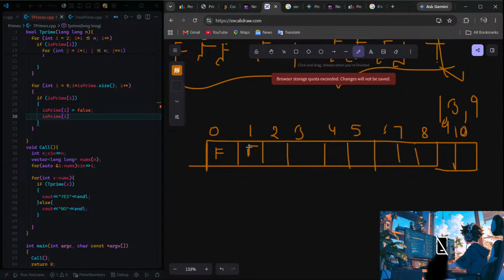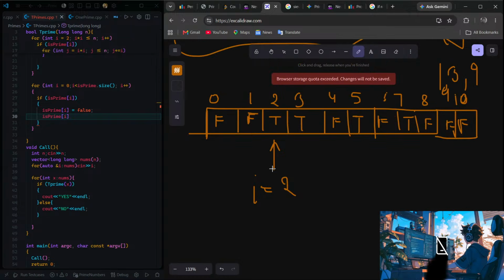This will be false, this is true, this is true, this is false, this is true, this is false, this is true, this is false, this is false, and this is false. So when I'm here, the index will be 2. So i will be 2, right? I will mark this i as false and square this value.